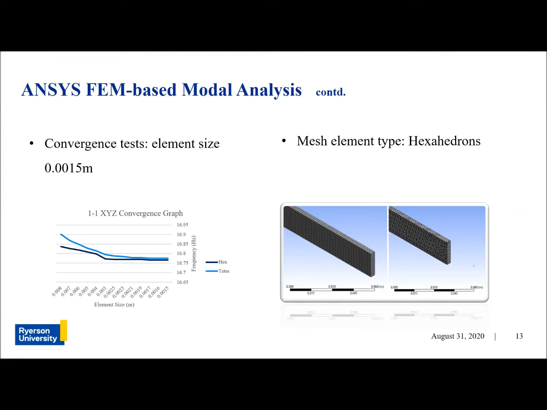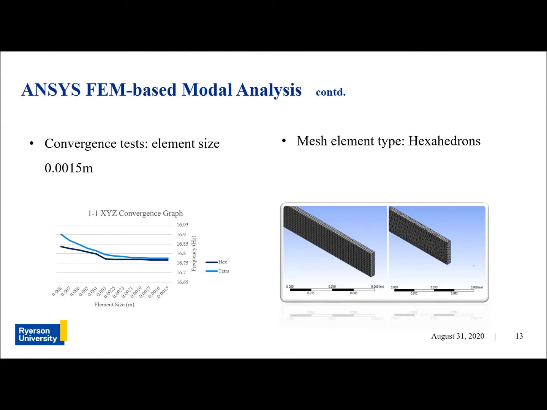Convergence results for sample 11XYZ for both element types are shown in the figure on the left. As can be seen, 1.5 mm and 1.7 mm element sizes yield the same frequencies. The convergence has already been achieved.